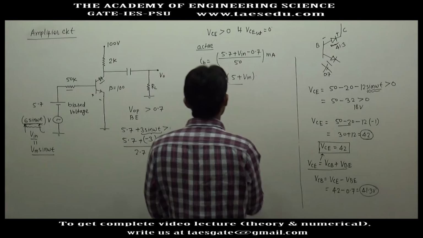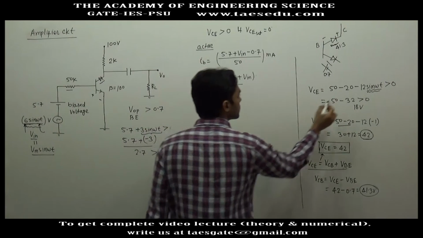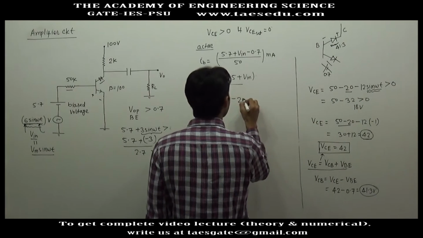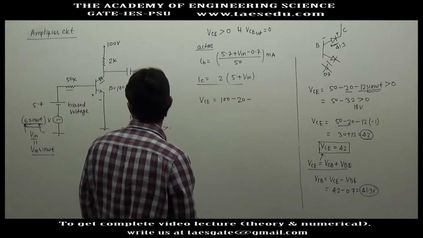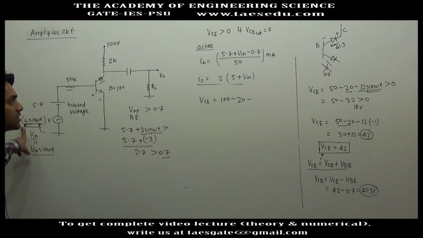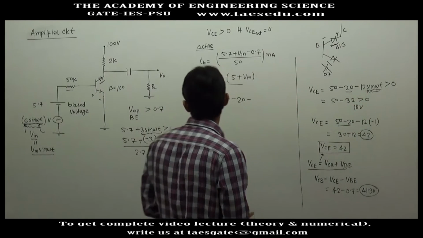In the same expression you will find VCE as 100 minus 20 minus, here you have doubled this voltage, so instead of 12 you will have 24 here.